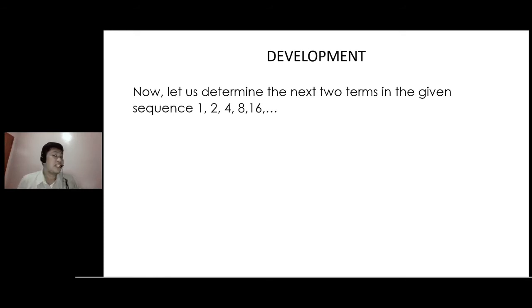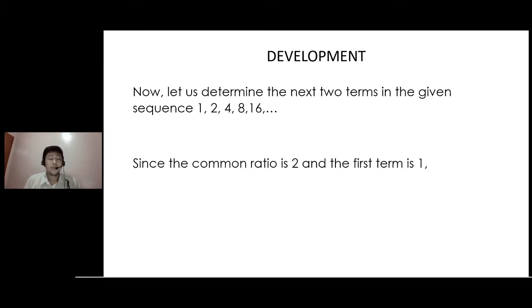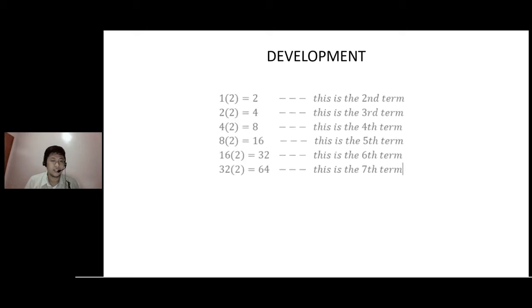Now let us determine the next two terms in the given sequence: 1, 2, 4, 8, 16, and so on. Since the common ratio is 2 and the first term is 1, multiplying the first term by 2, our common ratio, we get 2, and that is our second term. Then that second term will be multiplied by 2 again, which is equal to 4, our third term.